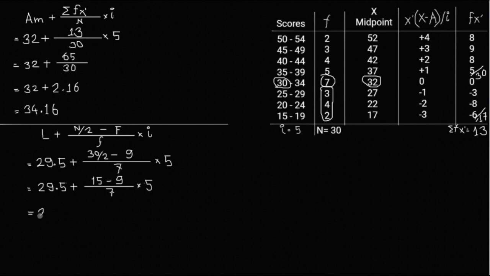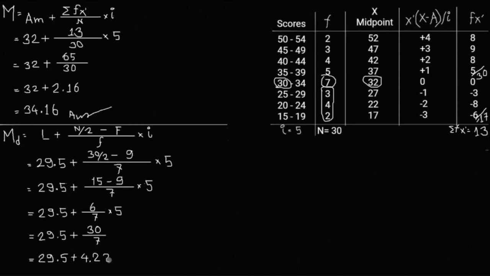So 29.5 plus 15 minus 9 is 6, by 7 into 5. 29.5 plus 6 into 5 is 30, 30 by 7. 30 divided by 7 is 4.28, so 29.5 plus 4.28 equals 33.78.